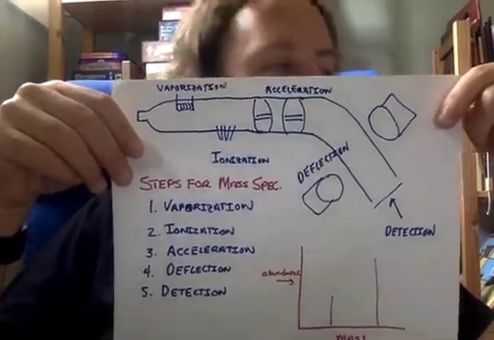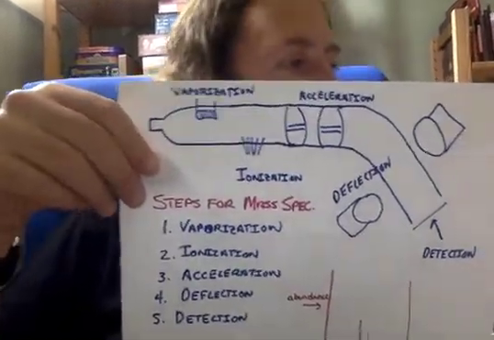So here, what I'll do is I will draw sort of the path of some ions here. So it comes here, and then here's another one.